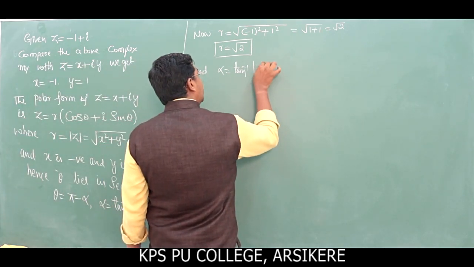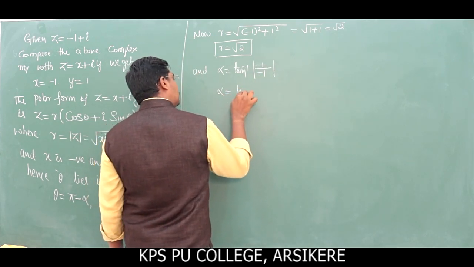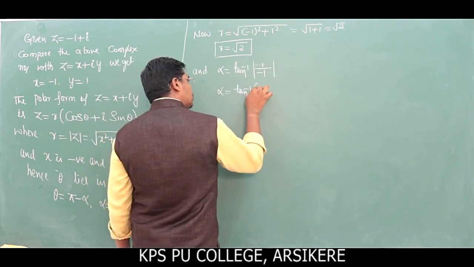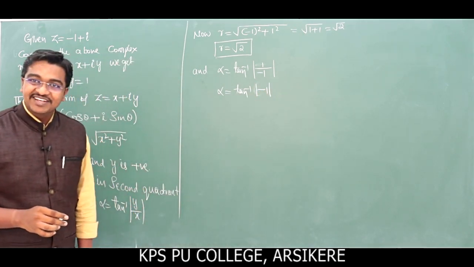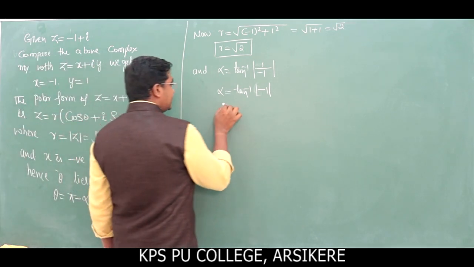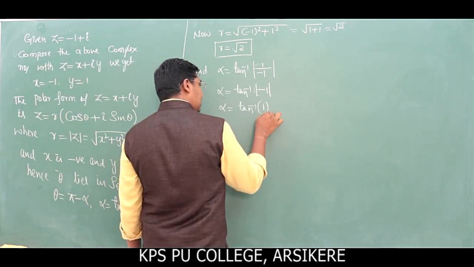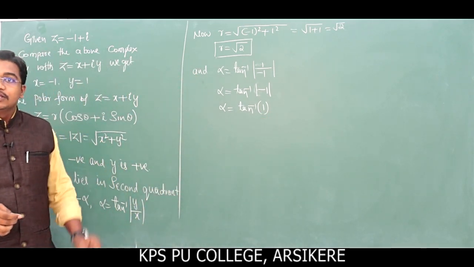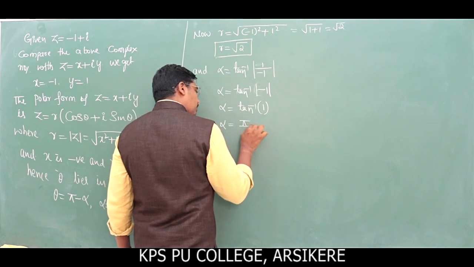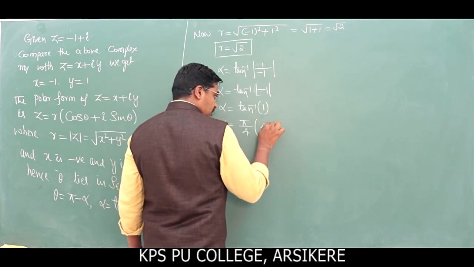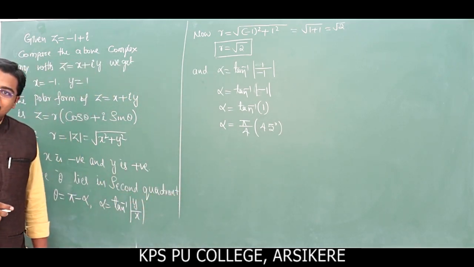So 1 divided by minus 1, this is nothing but alpha is equal to tan inverse of, so total, minus 1, modulus of minus 1. So this is nothing but alpha is equal to tan inverse of, if I remove the modulus we are left with only 1. So that is nothing but pi divided by 4. Alpha is equal to pi divided by 4 or 45 degrees.